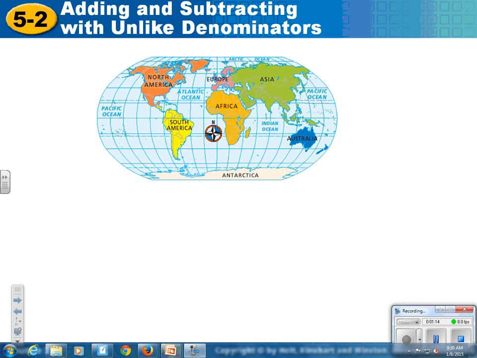Subtraction is the same. Let's say we have 5/12 minus 3/12. Somebody tell me, what is my denominator going to be in my answer? 12. Okay. And my numerator? 2. 2/12.